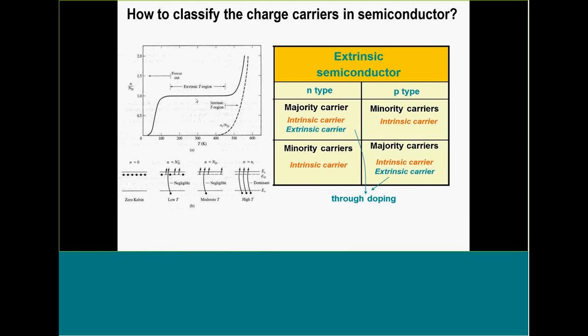So normally our devices have a certain range of temperature where they will function properly. That's why it's very important for us to classify our charge carriers according to the source, whether from the host or from the dopant, and avoid putting your devices under the hot sun or at a very high temperature, because there's a possibility of destroying them when the intrinsic charge carriers dominate.